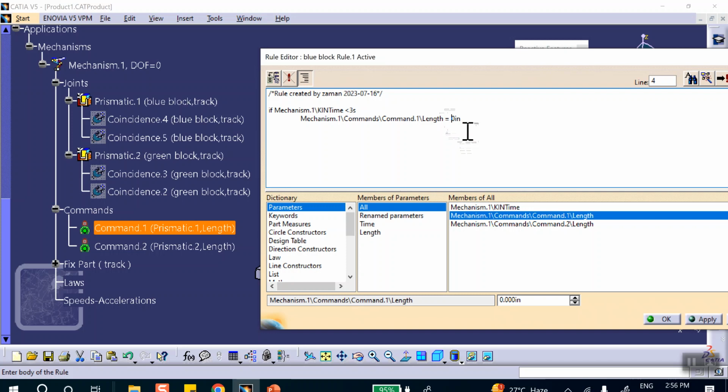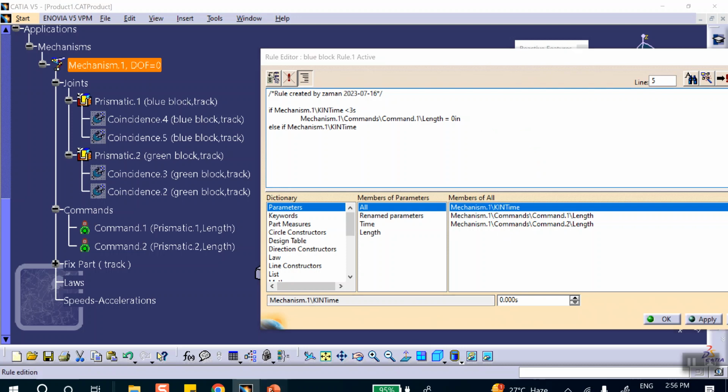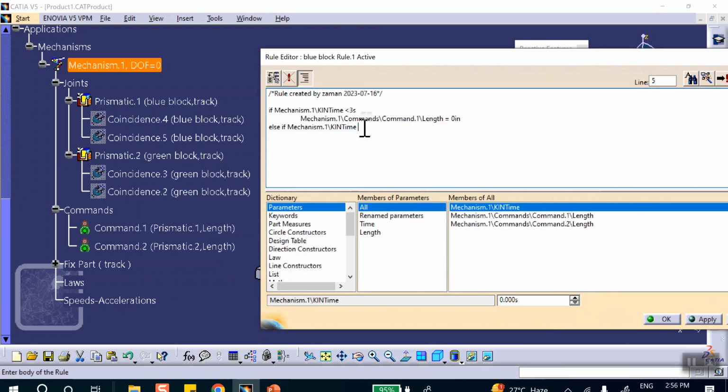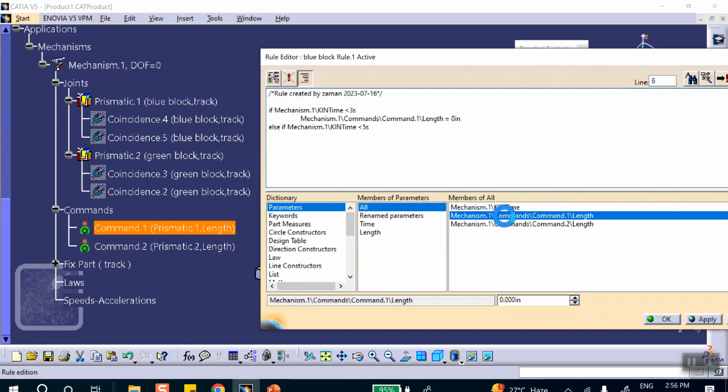Anyway, we can check these things, see whether we made a mistake or not. Else if time is less than 5 seconds, enter, command 1 equal to.